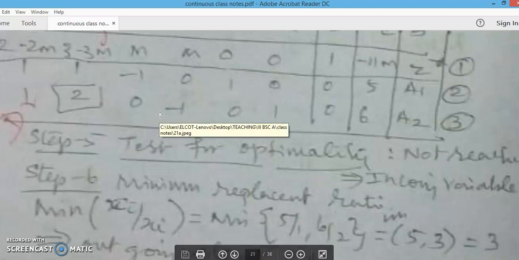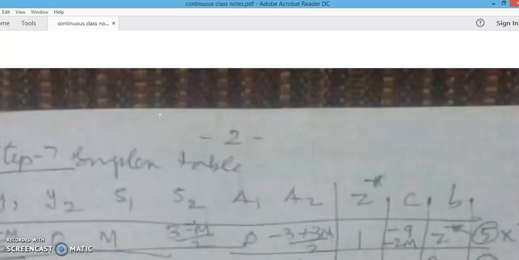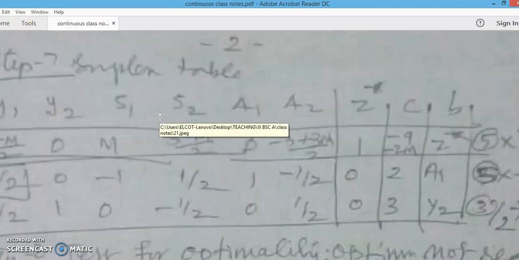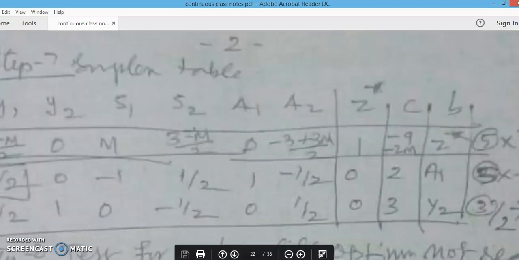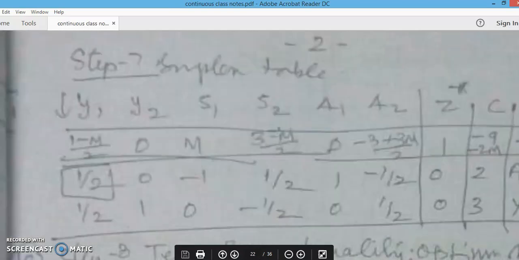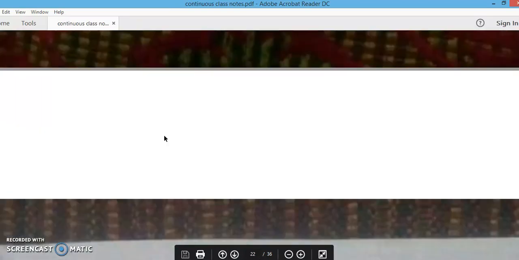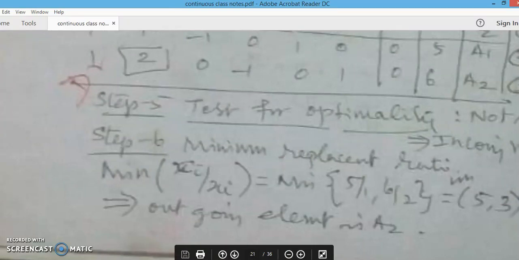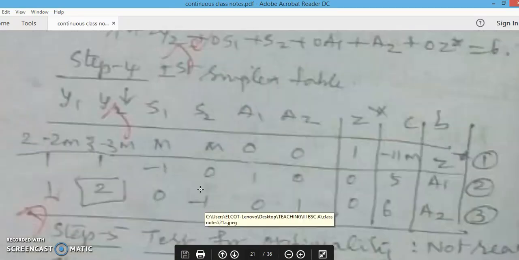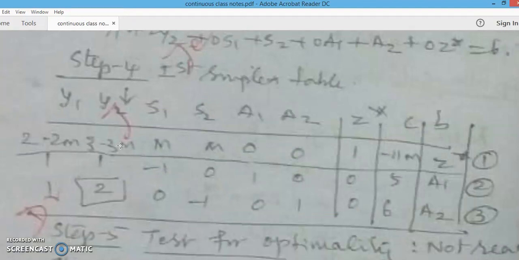Which is the maximum negative number here? Yes, look at this. So the incoming variable: this is the maximum negative number, therefore the incoming variable is y2.